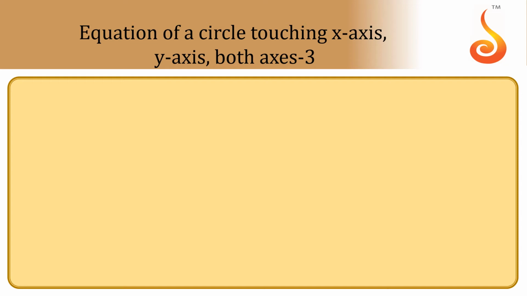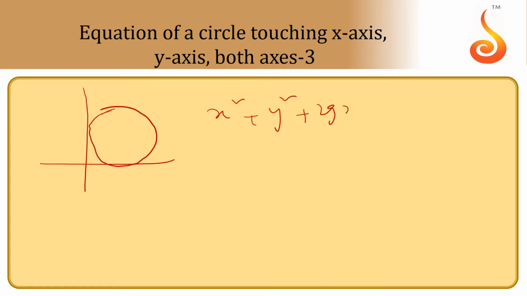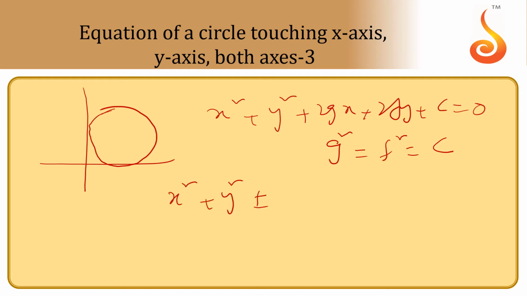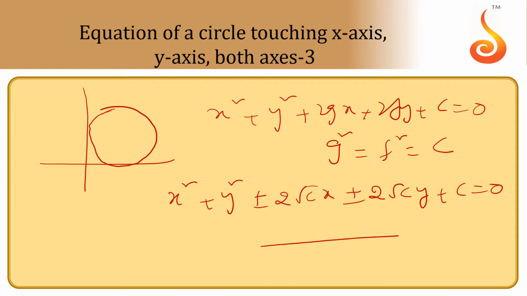Suppose the circle touches both axes. That can happen in any quadrant. So x square plus y square plus 2gx plus 2fy plus c equal to 0, and the condition is g square equal to f square equal to c. Then the circle becomes x square plus y square plus or minus 2 root c x plus or minus 2 root c y plus c equal to 0.